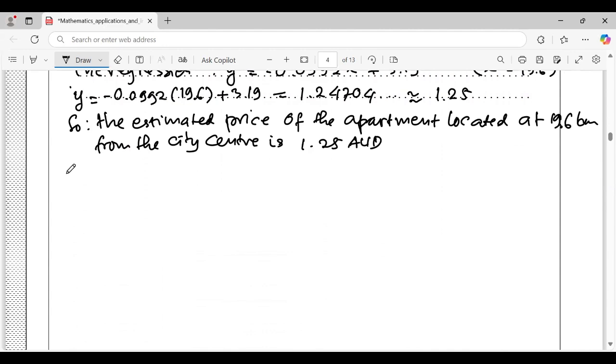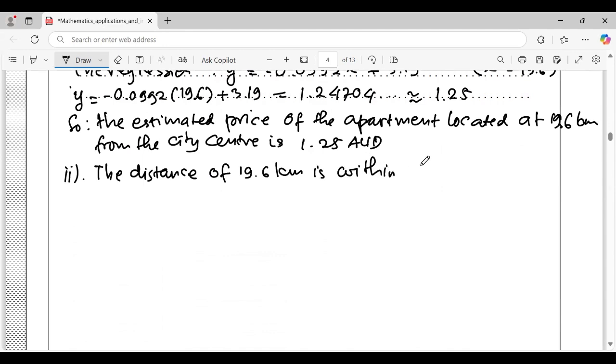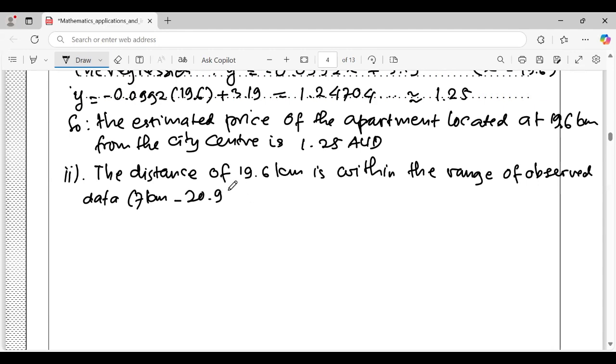Right, I would like to write that the distance of 19.6 kilometers is within the range of observed data, which is 7.0 kilometers to 20.9 kilometers according to the data.